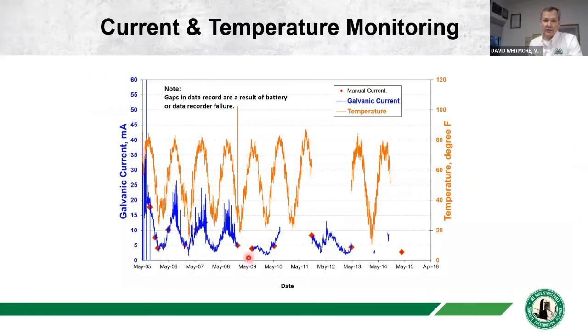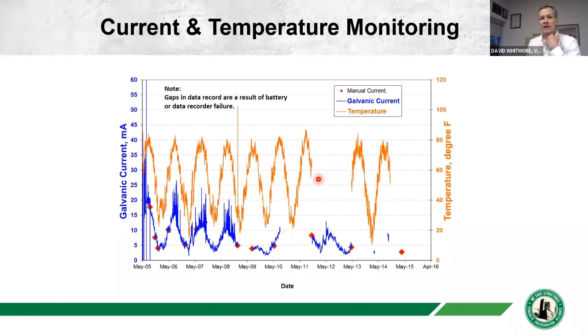But you can see here, there's some gaps in the data in the blue line. That's because the data logger for the current monitoring died for whatever reason. It could be batteries, or it could be for other reasons. But the system's still running in these gaps. The anodes are still electrically connected to the steel. It's just that you've quit measuring what it is between these gaps in the curve.